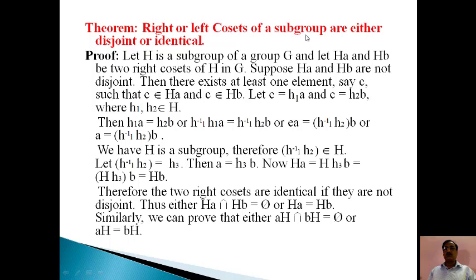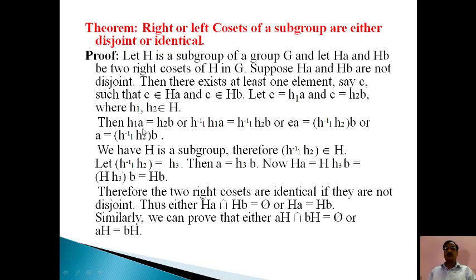Let H be a subgroup of G and let HA and HB be two right cosets of H in G. Suppose HA and HB are not disjoint, then there exists at least one element, say C, that belongs to both the right coset of A and the right coset of B. Then C equals H1A, and C equals H2B, where H1, H2 belong to H, so H1A equals H2B.